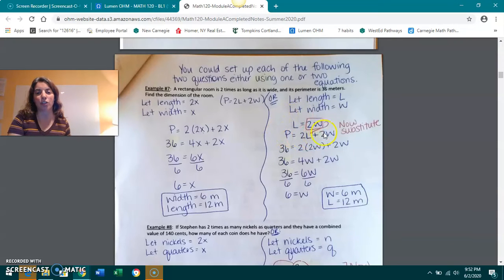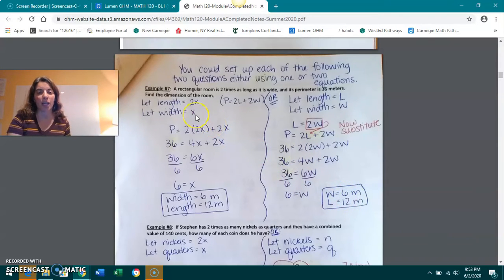I would then have 2 equations. This one is already nicely set up for substitution, so that 2W could go in for the L. So when I rewrite this equation, I've popped that 36 in for the perimeter: 2 times 2W in place of L, plus 2W. Distribute, combine, solve. W is 6, that means the length is 12. The length is 2 times as long as it is wide.